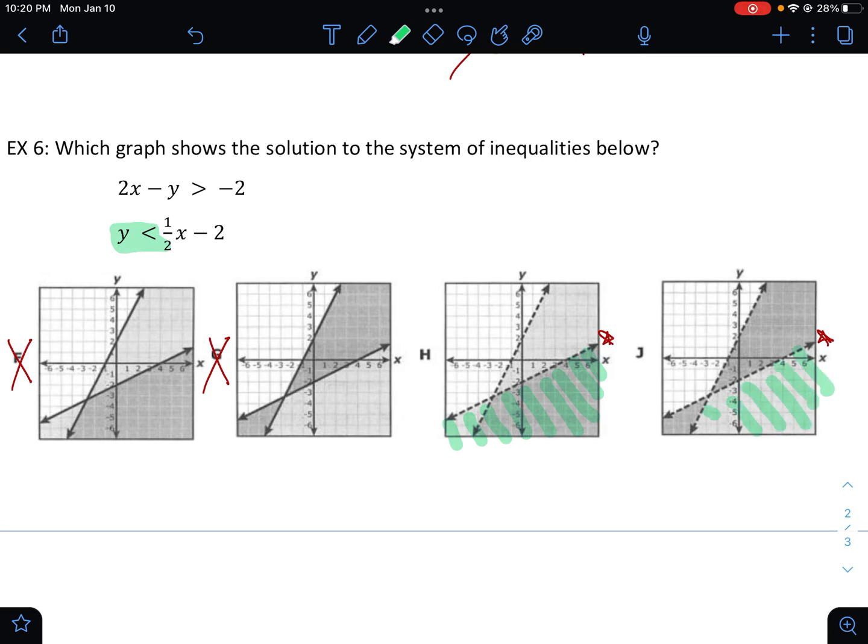For the second line, I see that there's a negative in front of the y, which means the inequality sign would end up flipping, and I'm going to shade below for that as well. So below for the second line would look like this.